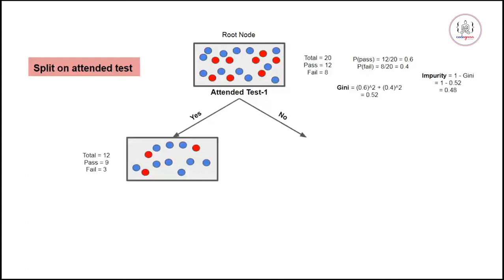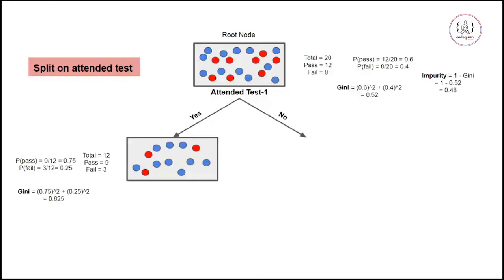Now you again calculate the Gini here. The probability of pass is 9 by 12, which is equal to 0.75, and the probability of fail comes out to be 0.25. Again you calculate the Gini for this left subnode, and it is 0.75 square plus 0.25 square, which is equal to 0.625.